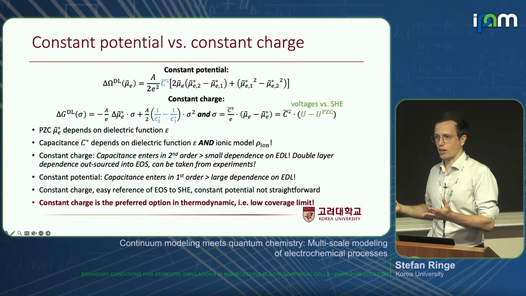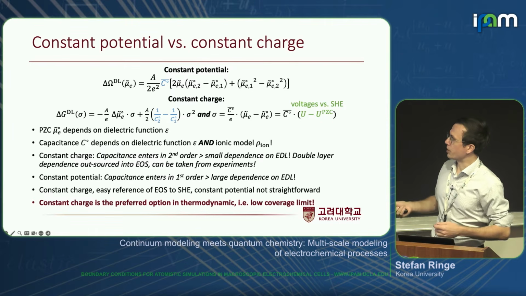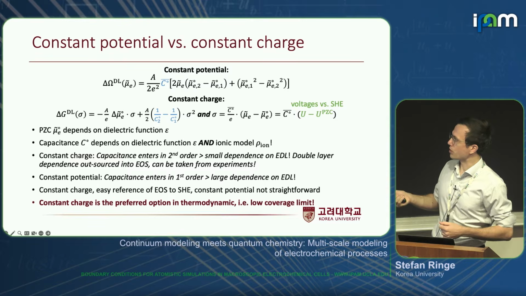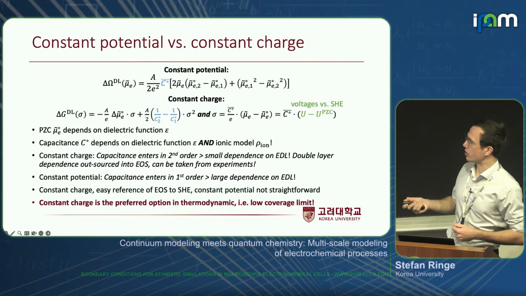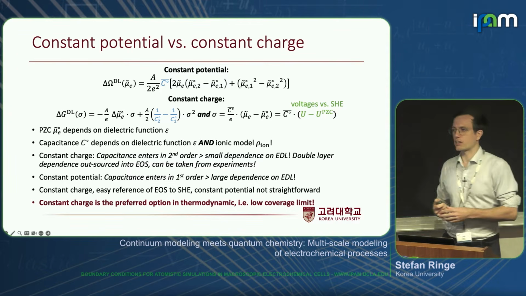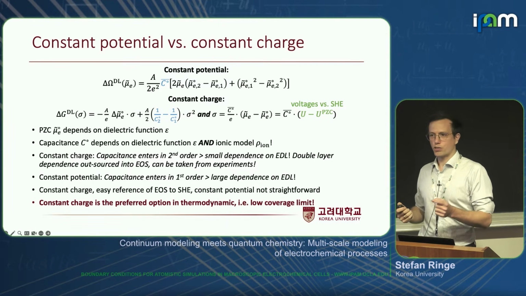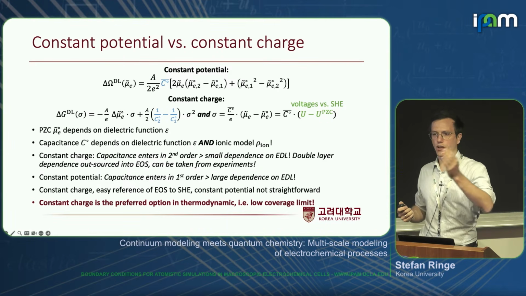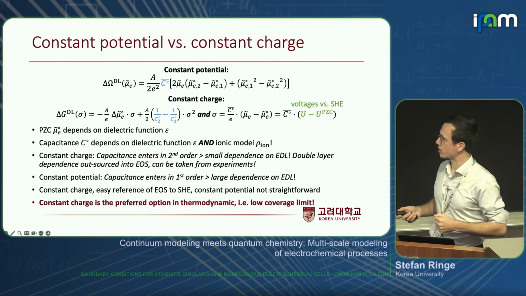It depends on the whole EDL model, the electric double layer model that you're using. When you use a constant potential method, it affects the dependence on potential already to linear order, while in the constant charge method, it affects it only in the quadratic order. This means that the constant charge calculations are much less sensitive to your EDL model. So you can use various different ionic charge models, and you will get roughly the same dependence on charge.